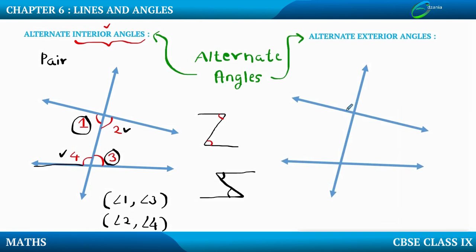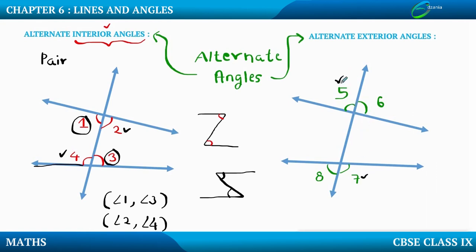Name these angles exterior. That is, this angle over here is angle 5. This angle I can name as angle 6. Note I am taking just the exterior angles because we are talking about alternate exterior angles. This is 7. Let me consider this as 8. Again I have to pair alternate exterior angles. 5 is going to be paired with 7.